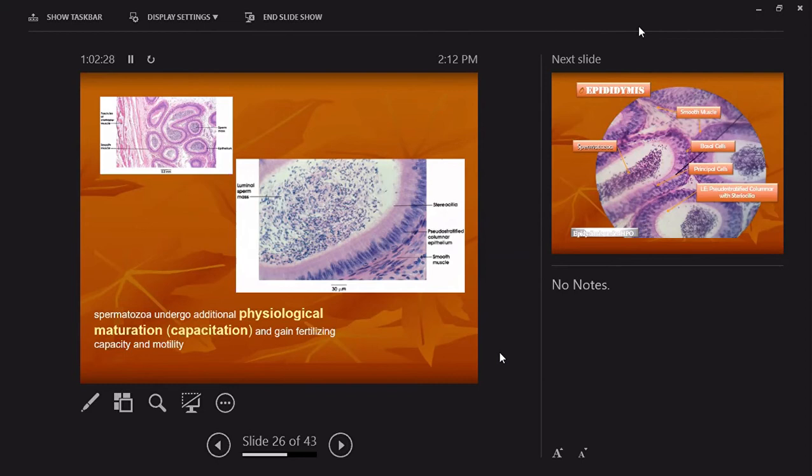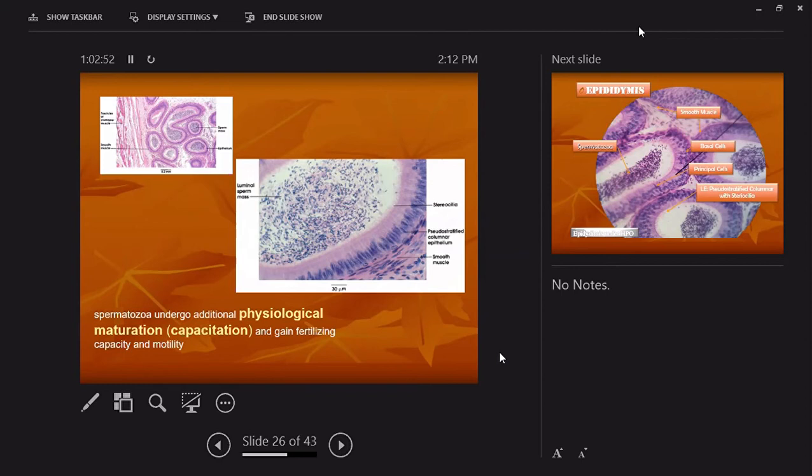This occurs in your epididymis. Physiological maturation, because even if they are still in the testes, some are already mature, but not physiologically mature, just like a human being.